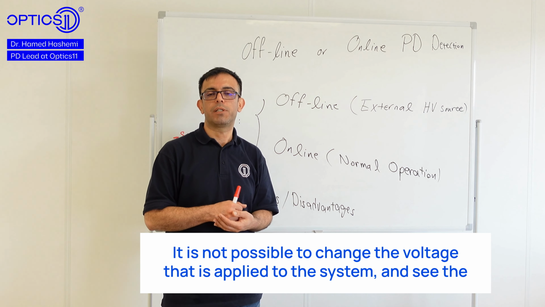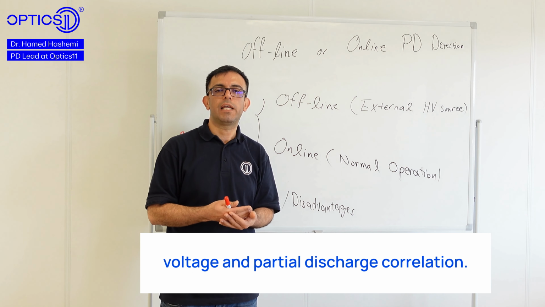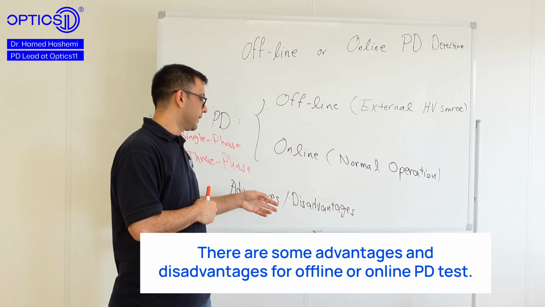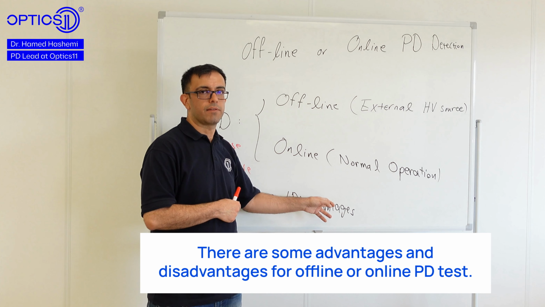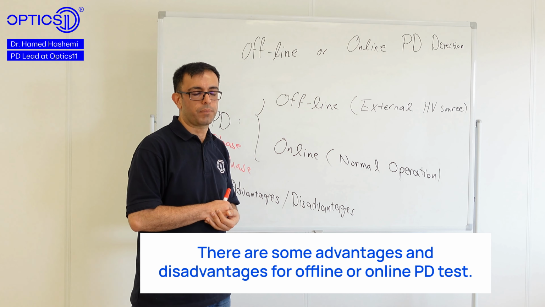It is not possible to change the voltage applied to the system and see the voltage and partial discharge correlation. There are some advantages and disadvantages for offline or online PD tests.